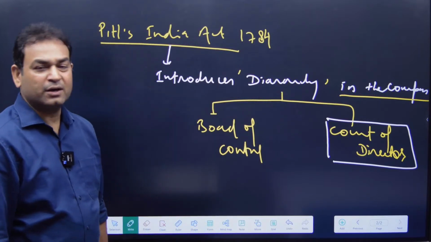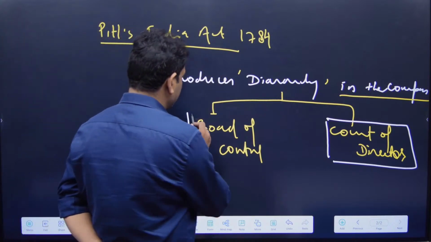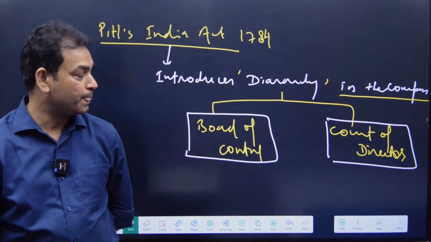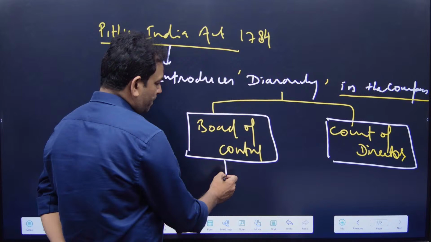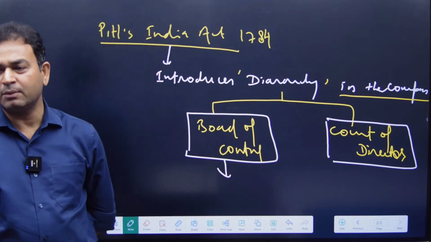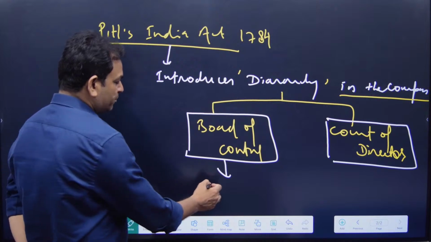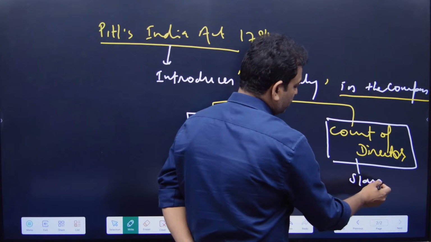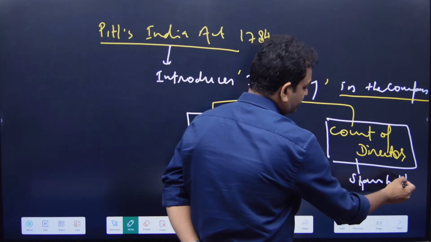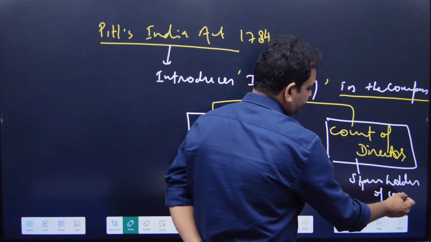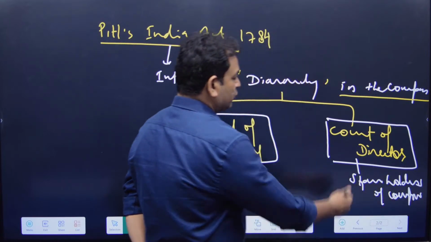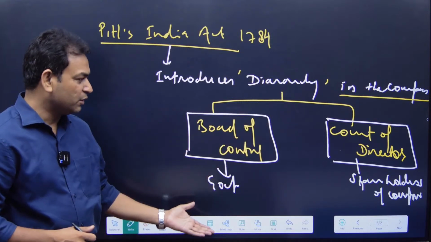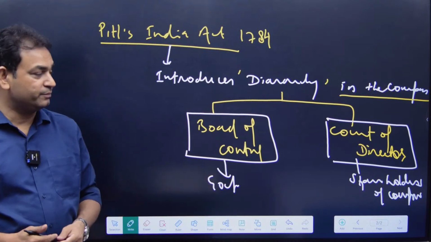But now the duties and responsibilities were divided. Board of Control was a governing body of government, British government, and this body was of shareholders of company. This body was belonging to the shareholders of the company, while this body was consisted of the officials of the government.